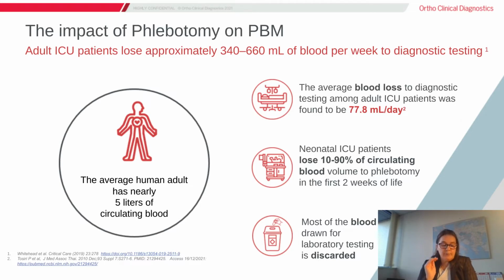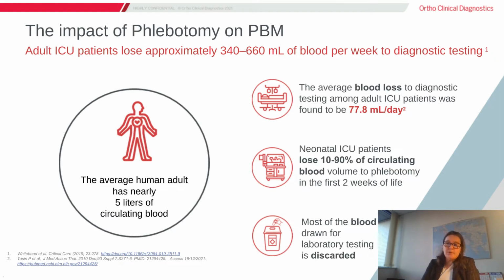The large number of ICU patients who develop anemia and the contribution of blood taken for diagnostic testing to its development is a long-standing concern. Patients who develop anemia, as we said, have poorer outcomes and a higher risk of mortality, whether or not patients are transfused.